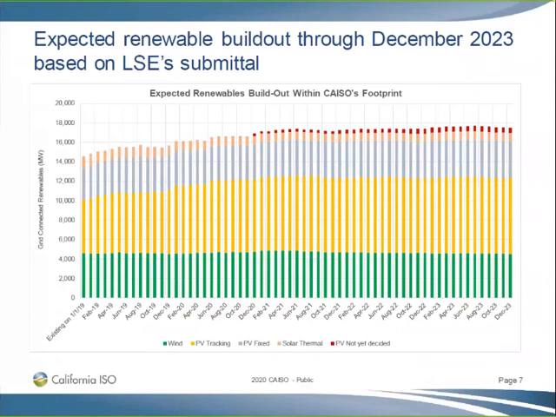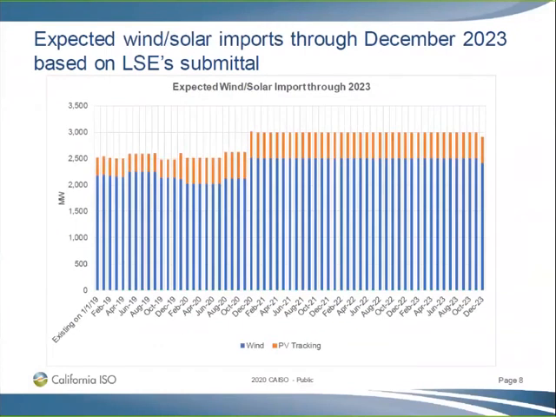Now, the other piece of information I had mentioned that we asked for this year was what the load serving entities submitted for the state resources. On slide 8 shows what we received: roughly about 3,000 megawatts of wind and solar that's scheduled to come into the ISO. Then we also asked what portion of that will be dynamically scheduled.